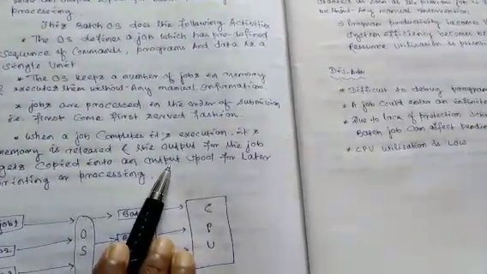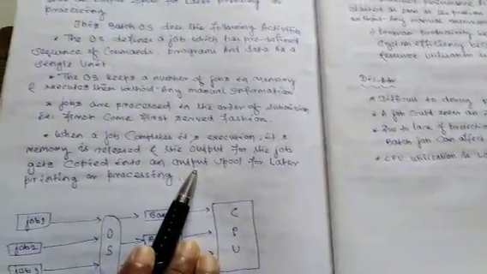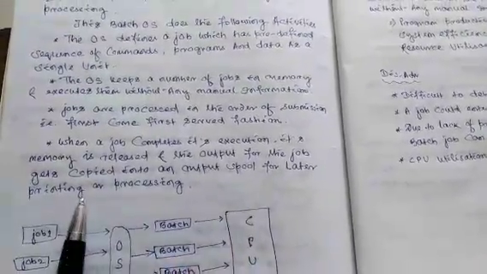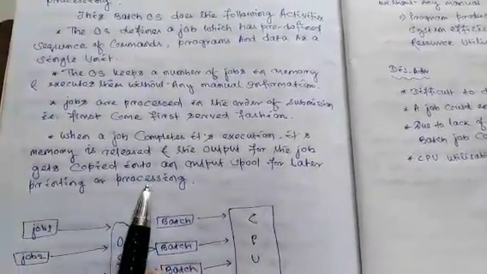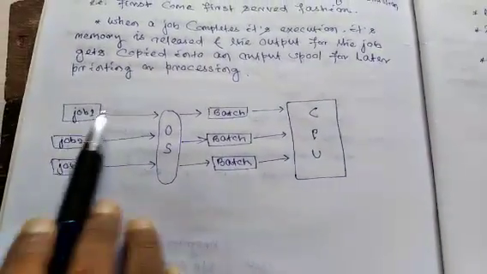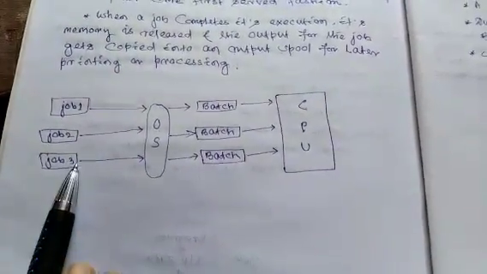Whatever the result of the processing of a job, it will be stored for later printing or further processing. In this way, job 1, job 2, job 3 come to the operating system.